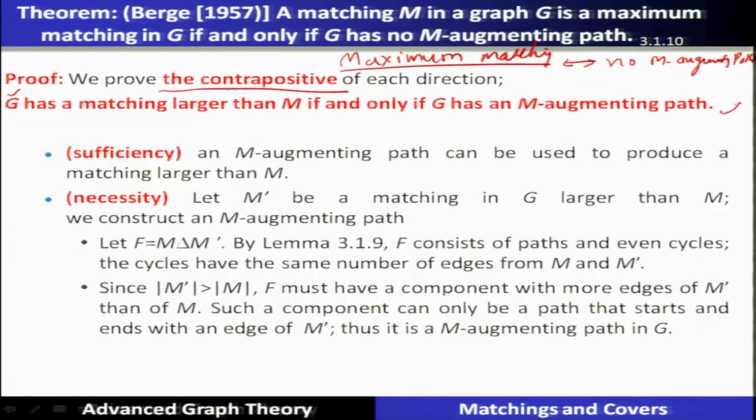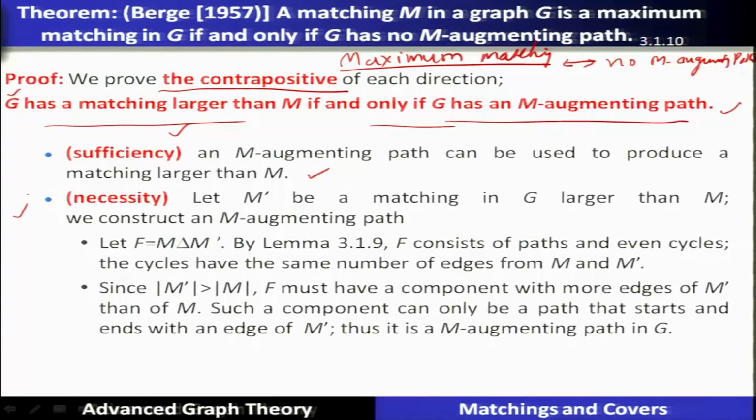So, let us see the sufficiency condition. Sufficiency condition says that an M-augmenting path is given, and that can be used to produce a matching larger than M from the previous theorem, and hence this proves that G has a matching larger than M. Now, we have to prove the necessity condition.